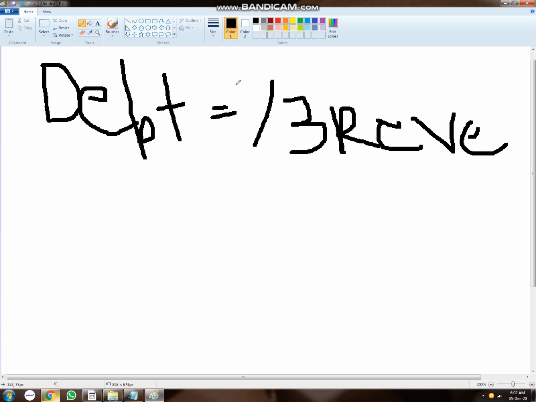Let's say if it's 2 by 3, then this is also not a good sign, because if a company earns $3 and gives $2 towards its debt, the company will be left with $1. That company will have to function and grow on that $1, which is not possible.